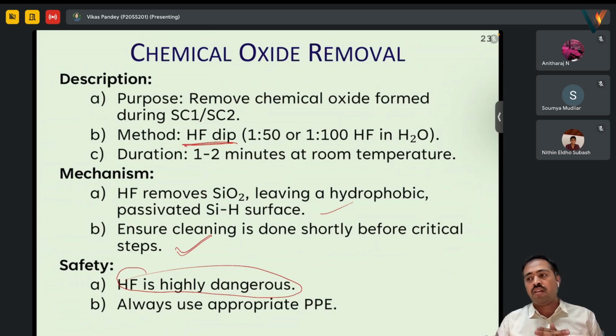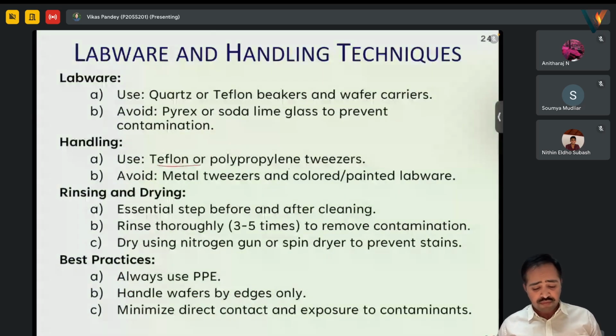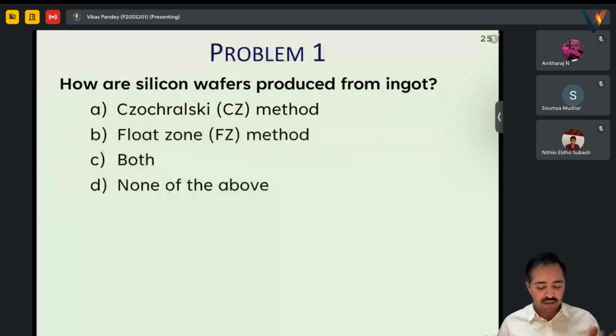Normal gloves will not work here. Teflon gloves are used to handle such materials. The tweezers, everything, have to be of very good quality.